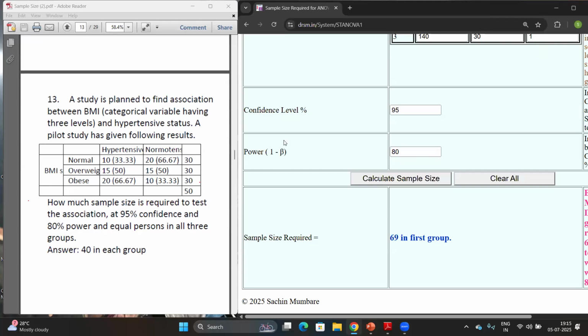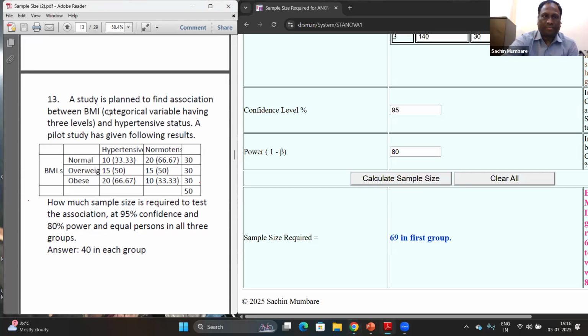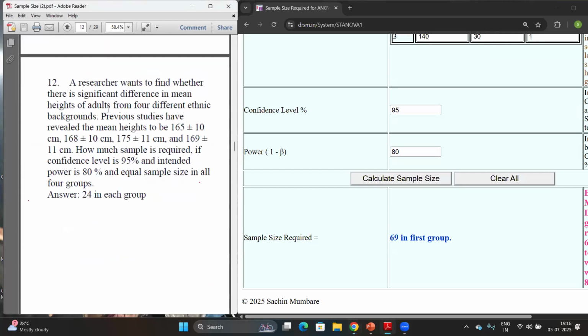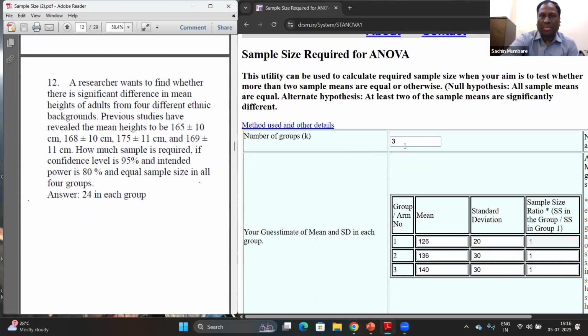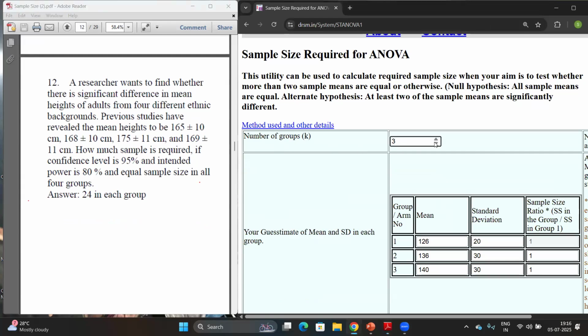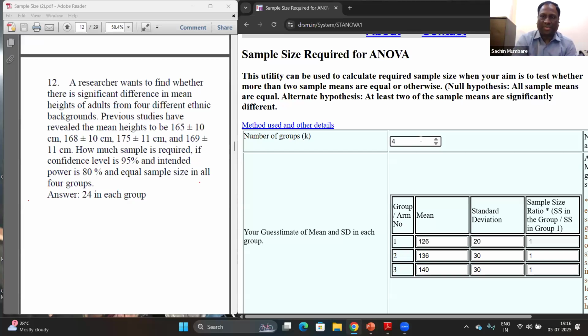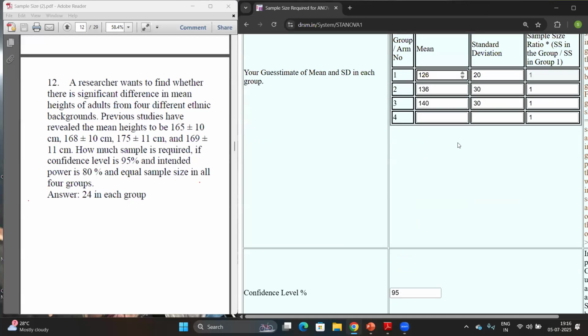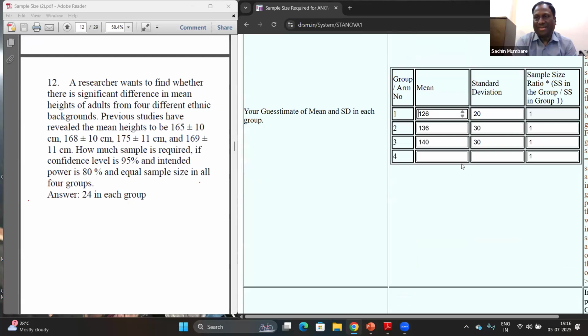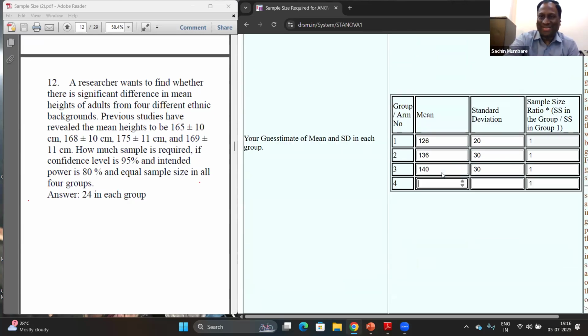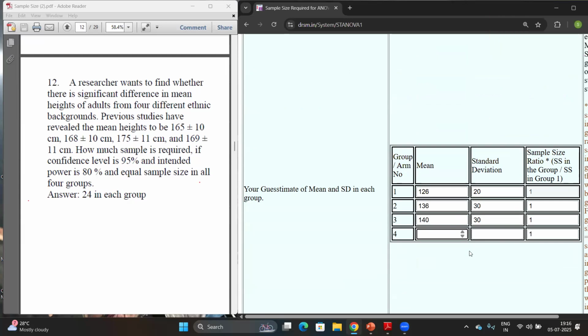Sir, I have a doubt in one previous example. There are four groups. So how to go with that fourth group, sir? You put the number of groups in your study here. See, how many groups are there? Four. So instead of three, you put four. Can you see there how many groups are there? Four.